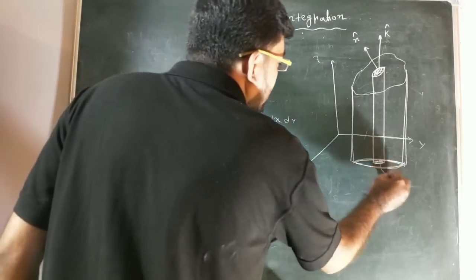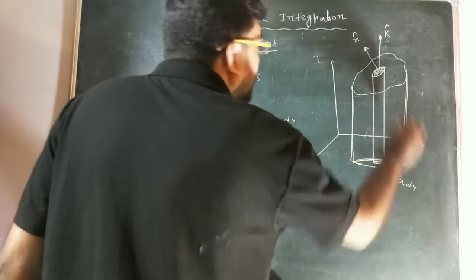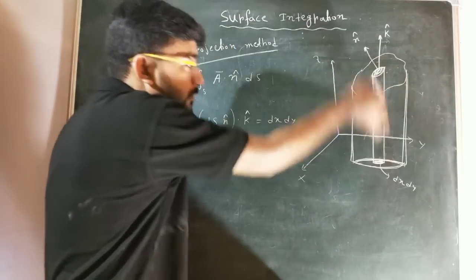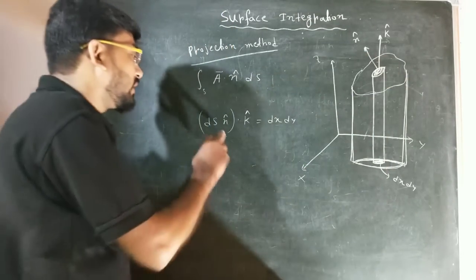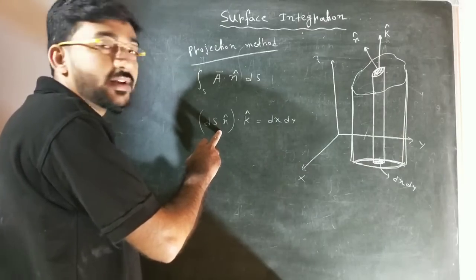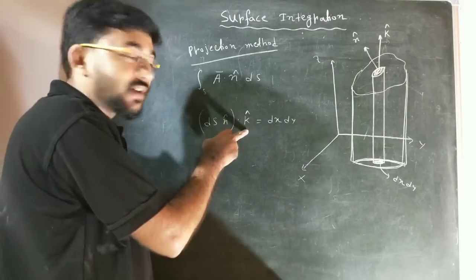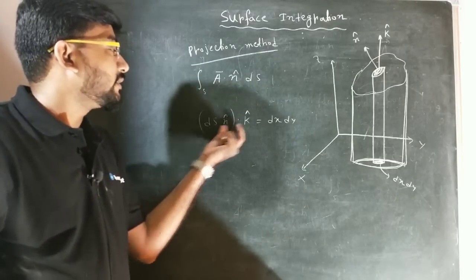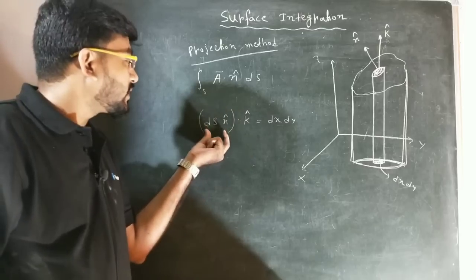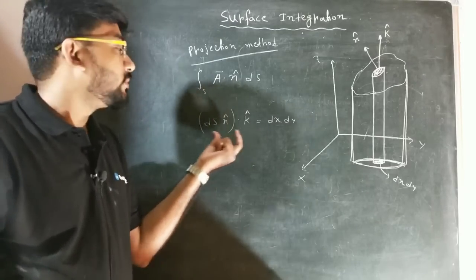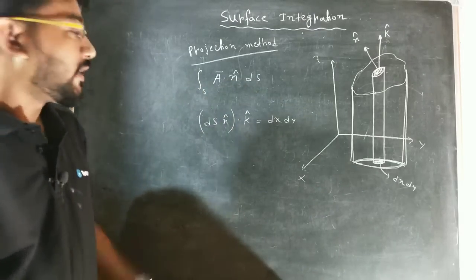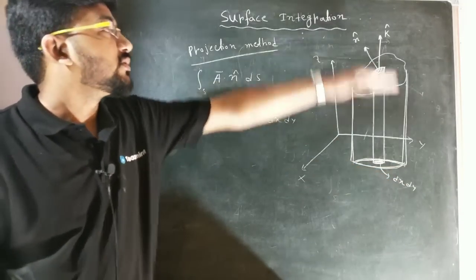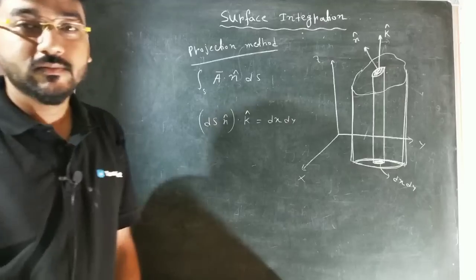Mathematically, the projection of any vector along another vector is just the dot product of the two, and whatever you get here will obviously be dx dy, because we have taken the projection on the xy plane.